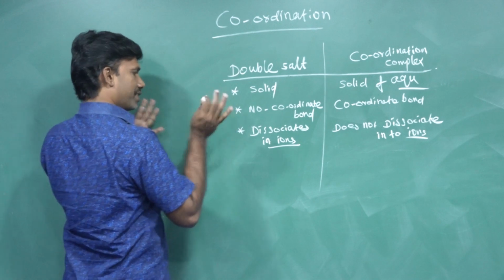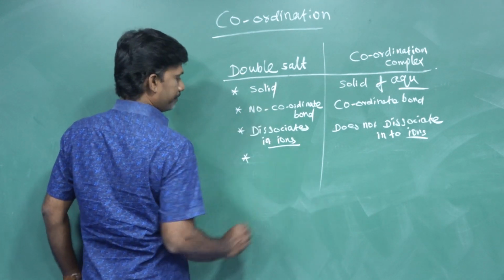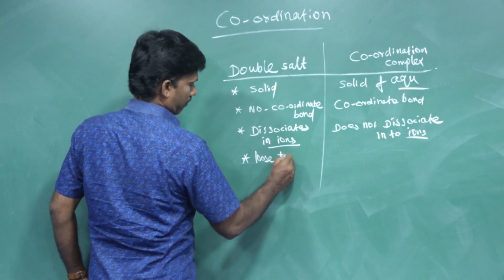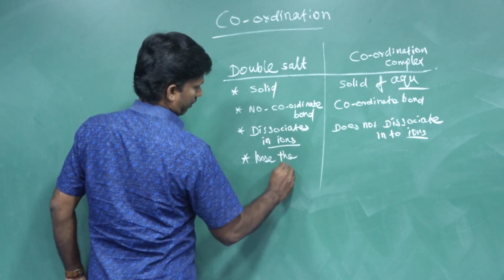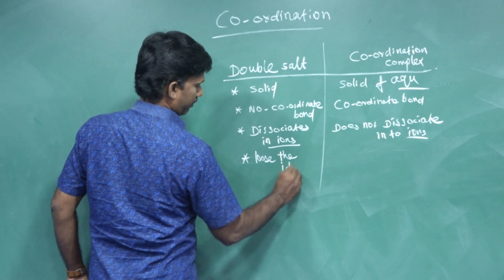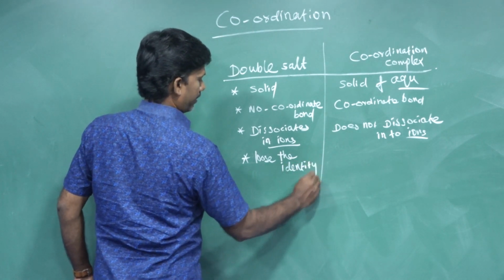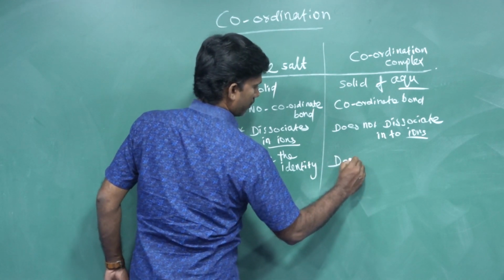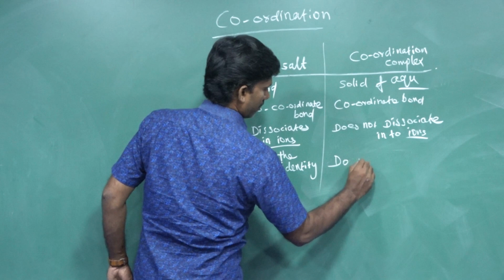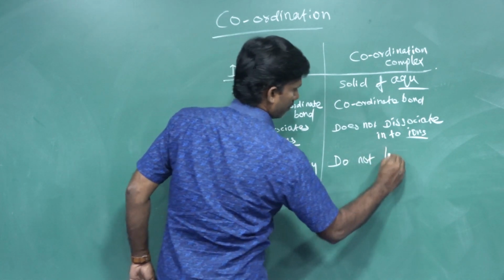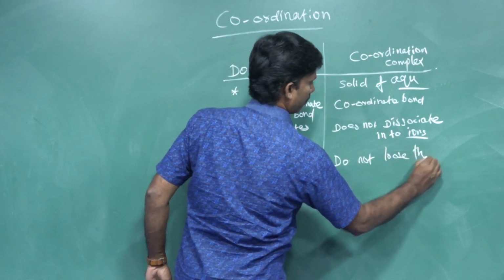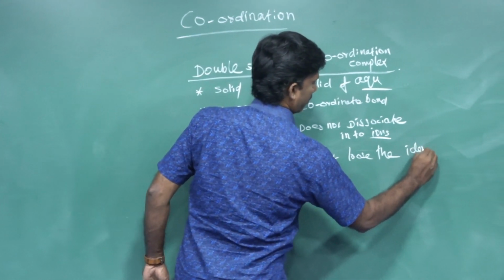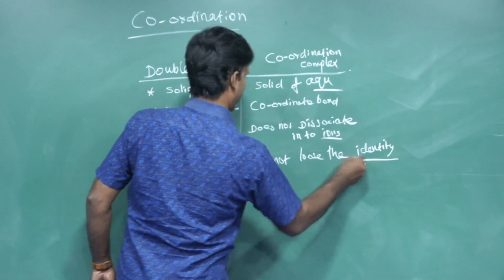Constituent ions means the ions which it contains. Then, the double salt loses its identity, whereas the coordination complex does not lose its identity. What do you mean, sir?